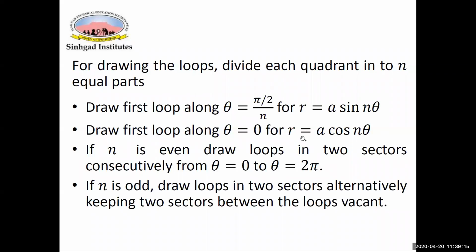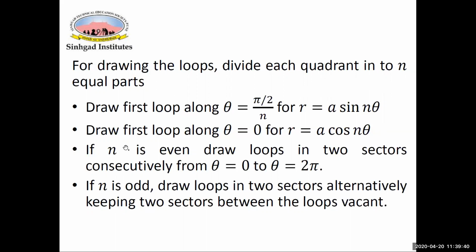Now for the curve r is equal to a cos n theta, your first loop will always be along the line theta equal to 0. Divide each quadrant here also into n equal parts. Between 0 to 2 pi, we will be drawing the loops.